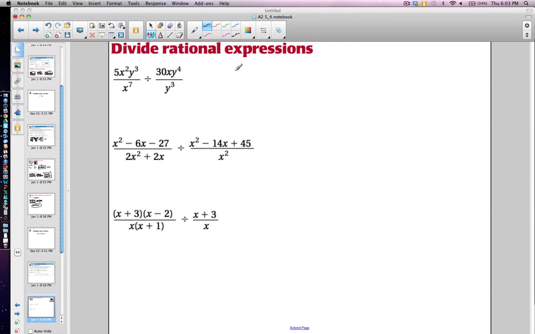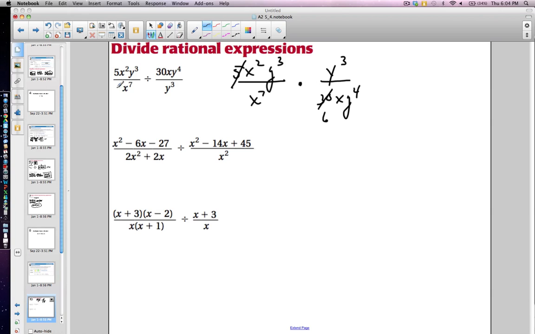So the first thing I want to do is invert. So I don't change anything about the first fraction, but it's going to become times y cubed over 30x y to the fourth. Okay, so now I want to start canceling common factors. The 5 goes into 30 and leaves 6. Okay, and you'll notice, what do I have in this problem?